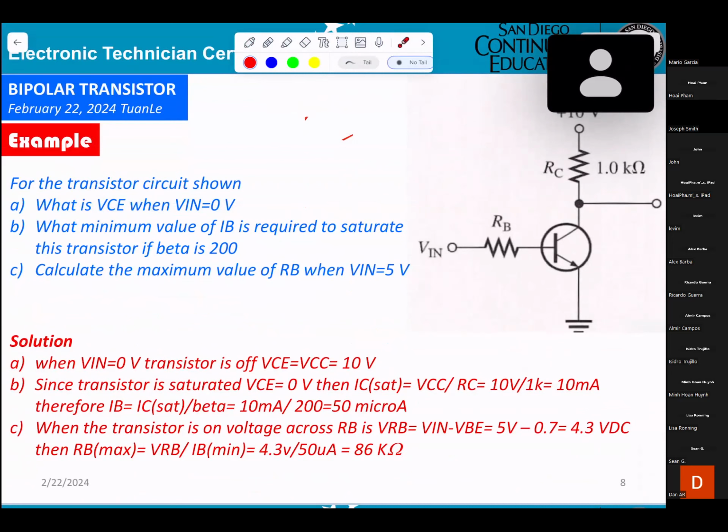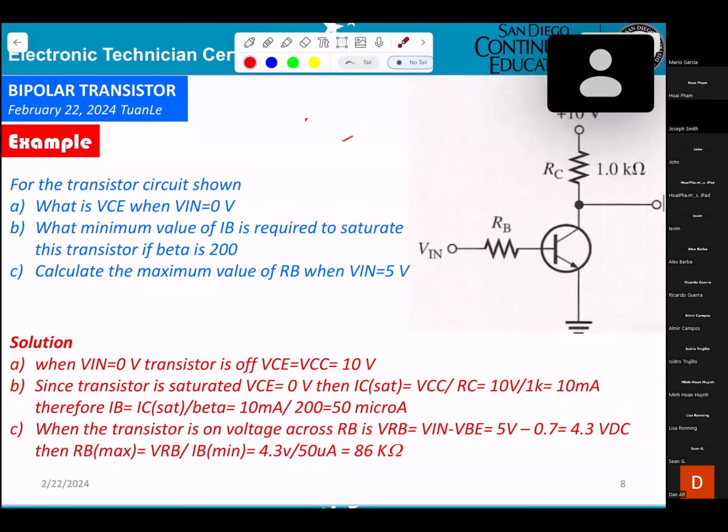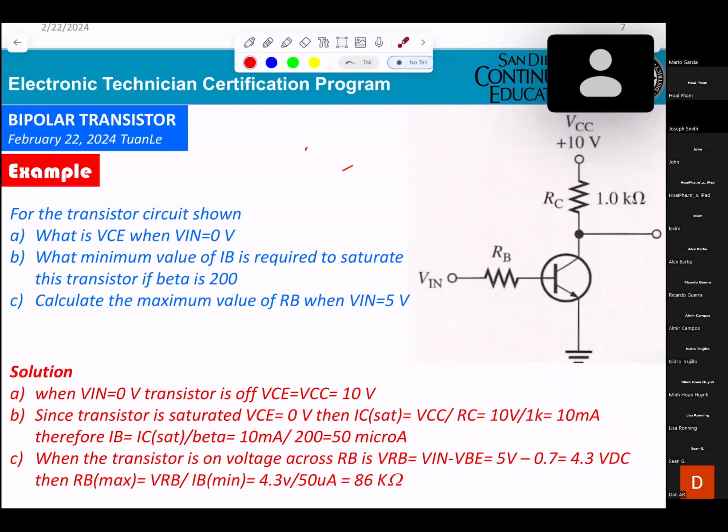So what is VCE when Vin equals 0? If you get a 0 volt here, who can tell me what VCE is?